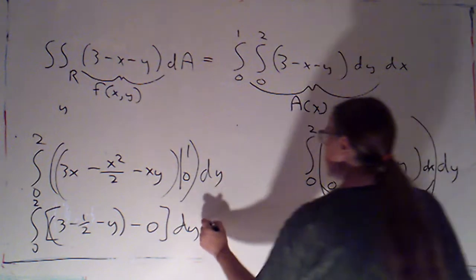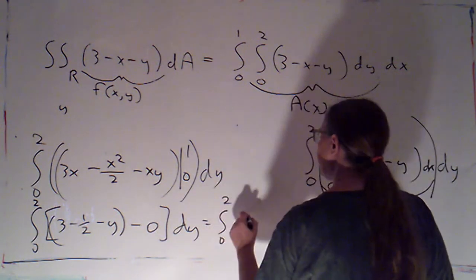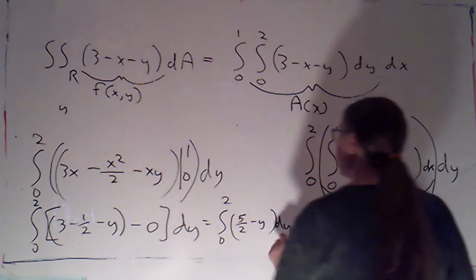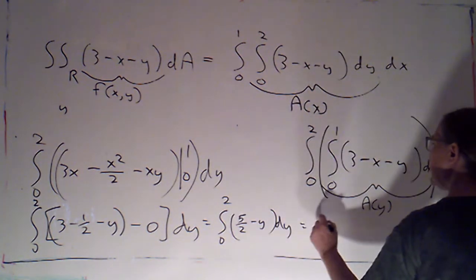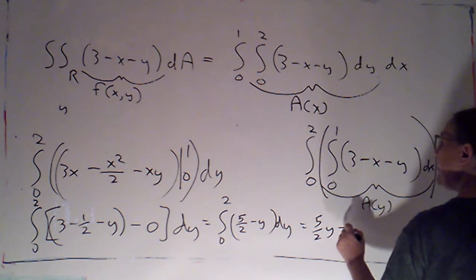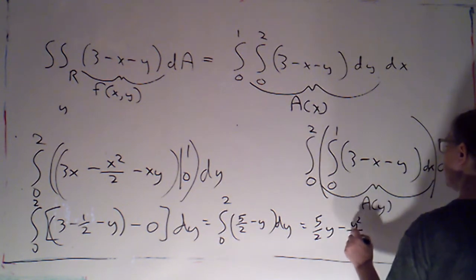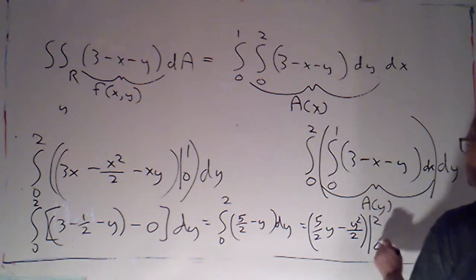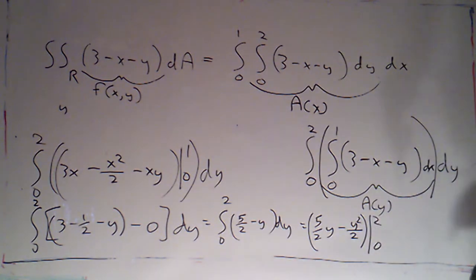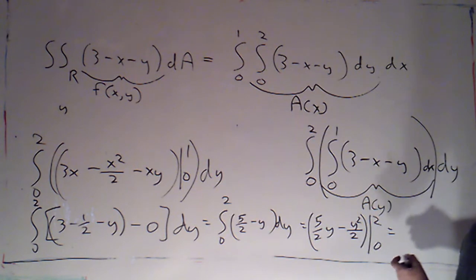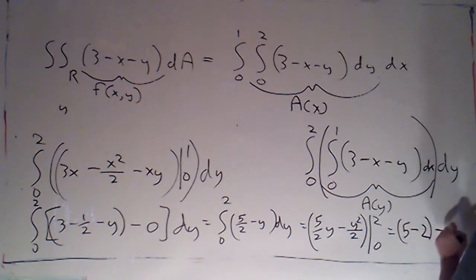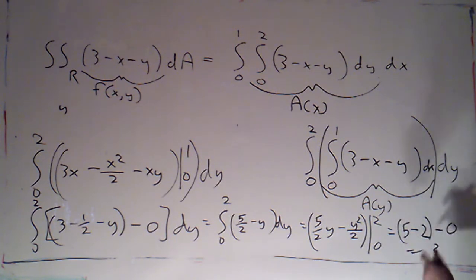So that's the integral from 0 to 2 of 5/2 minus y dy. That would be 5/2 y minus y squared over 2, evaluated between 2 and 0. So when I plug in 2, I'll get 5 minus 2 squared over 2, which is 2, minus 0, I'm going to get 3.